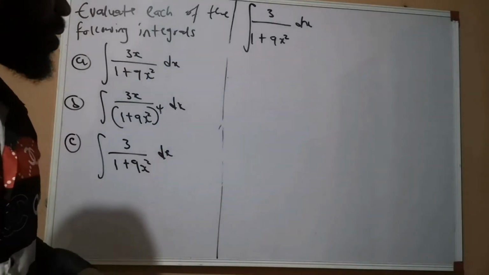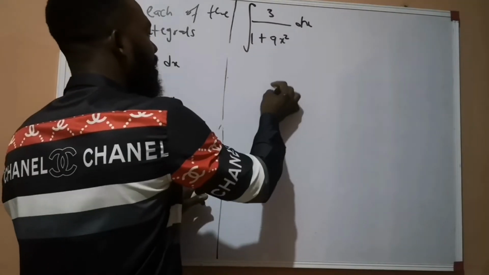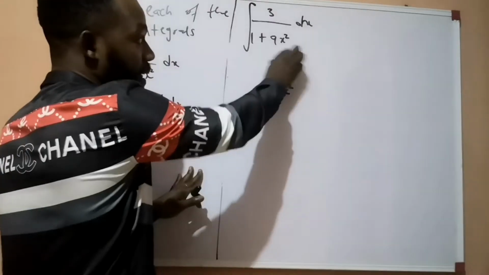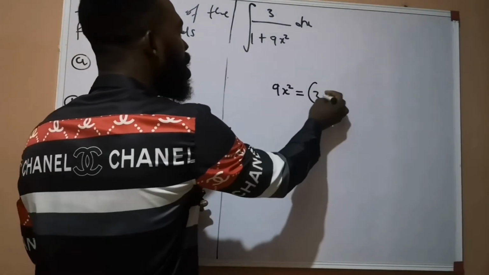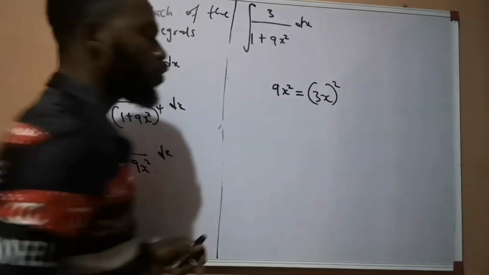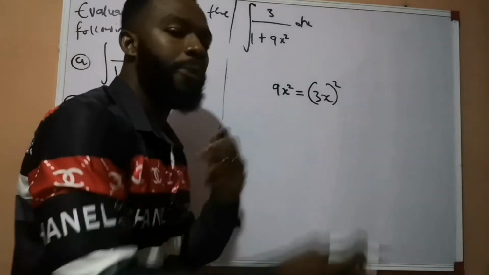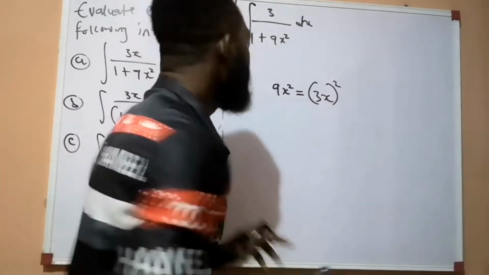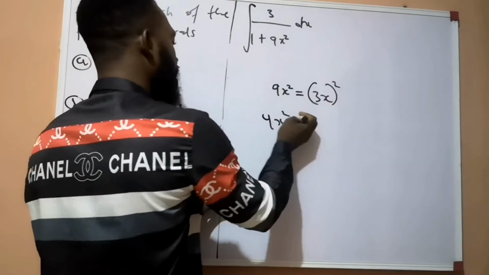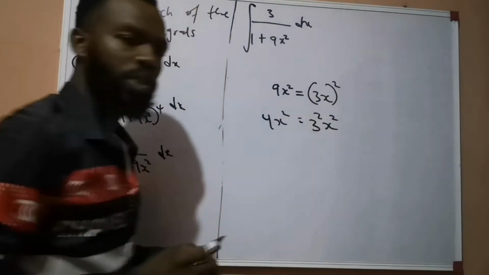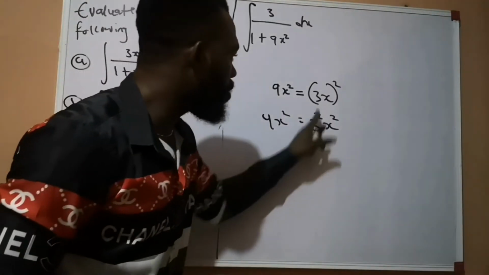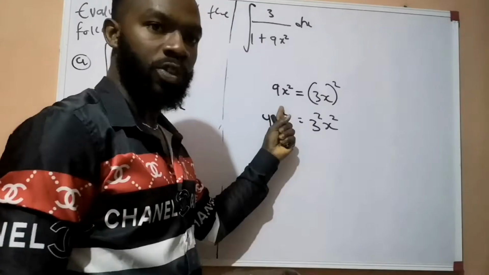Now, let us proceed. Don't forget that 9x squared is the same thing as 3x all raised to the power of 2. Let me break down how it became this. 9x squared can be written as 3 raised to the power 2 and x raised to the power 2. 3 raised to the power 2 is 9. This is our x raised to the power 2.